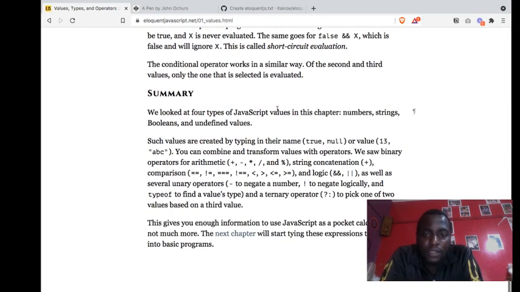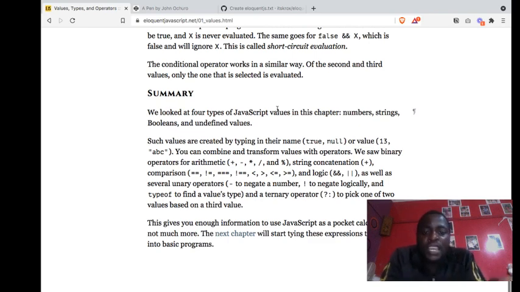And remainders. String concatenation with plus. Comparison with equals, not equals, triple equals, not double equals, less than, greater than, less than or equal to, greater than or equal to, and the logical and, logical or, as well as several unary operators: minus to negate a number, exclamation point to negate logically, and typeof to find the value's type, and the ternary operator to pick one of two values based on a third value.